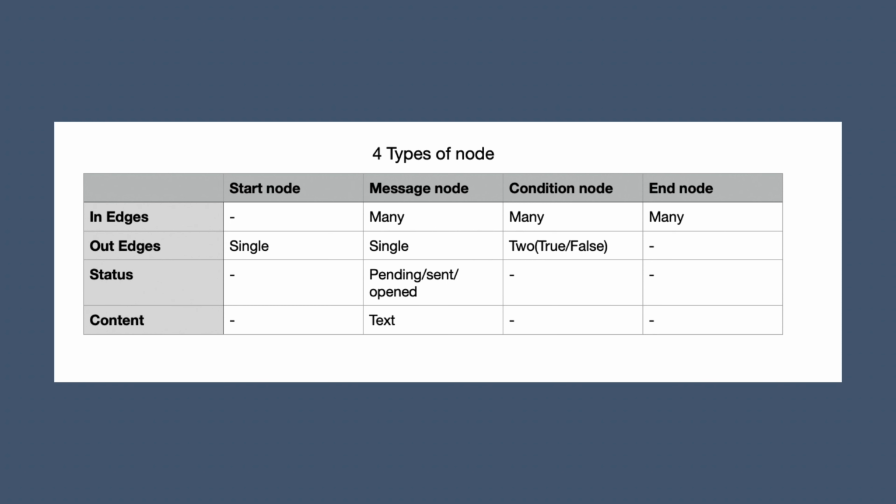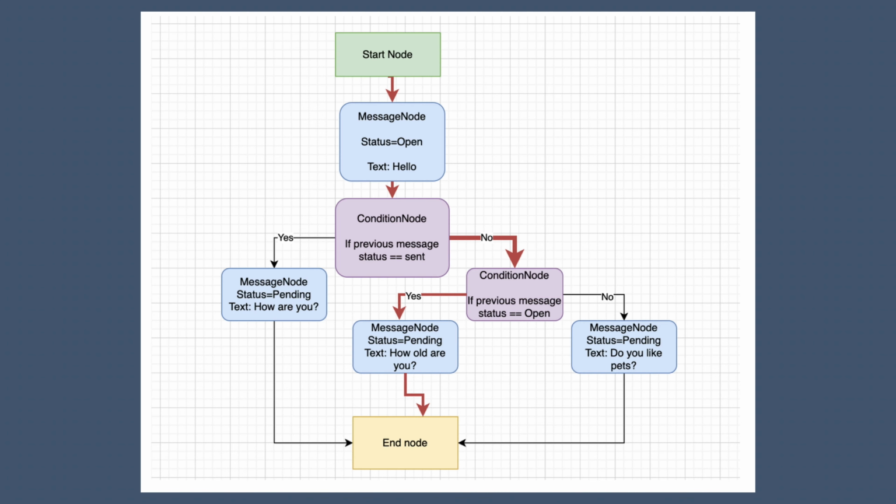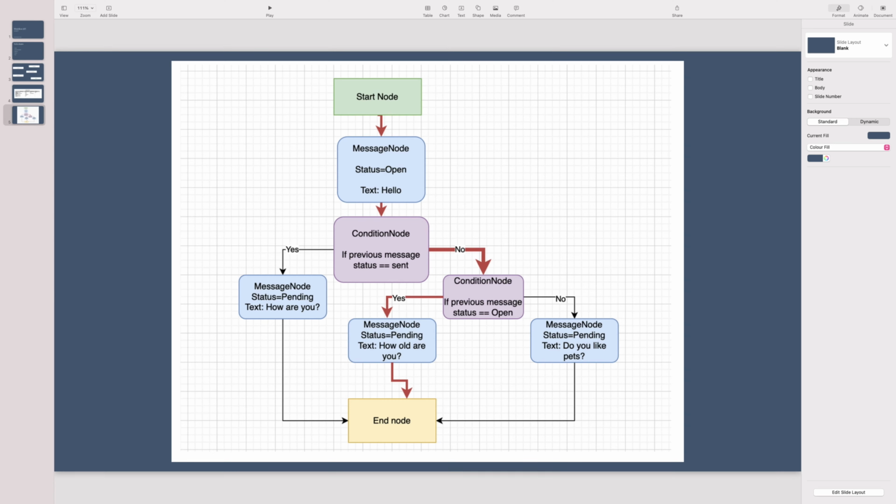For example, start nodes don't have a source edge but have a single target edge, and don't have status and content, but message nodes go another way. Here is the basic understanding of how this schema of workflow could go, and you can pause as well and understand it.